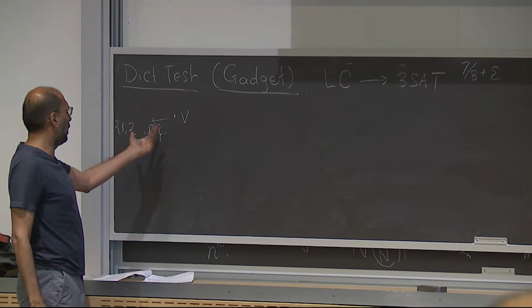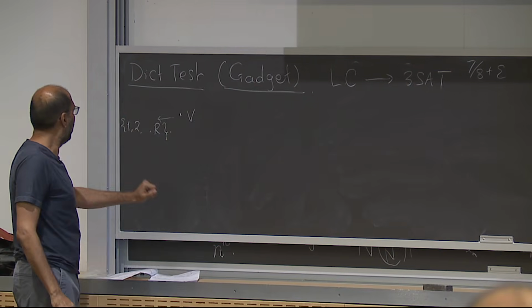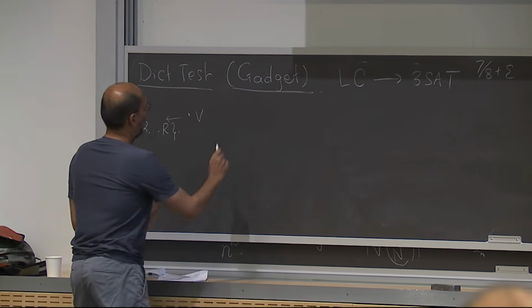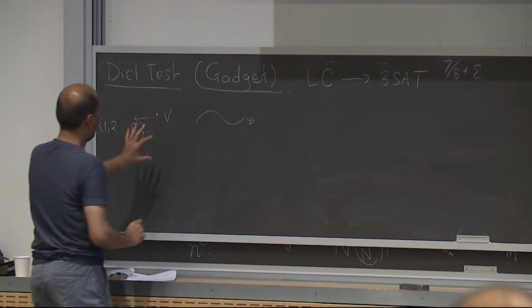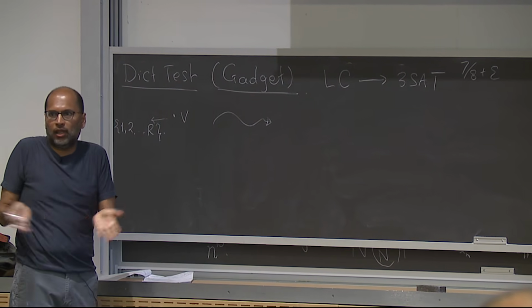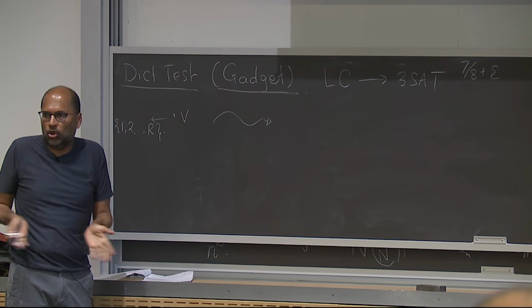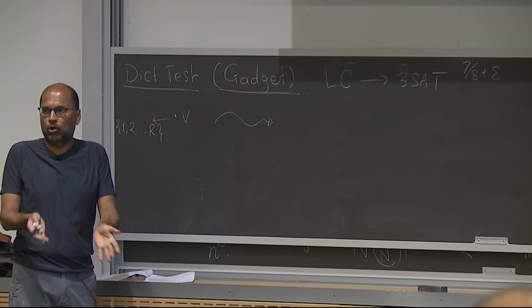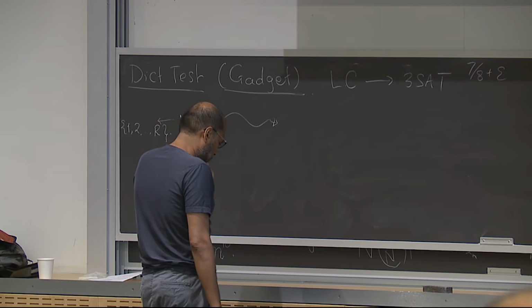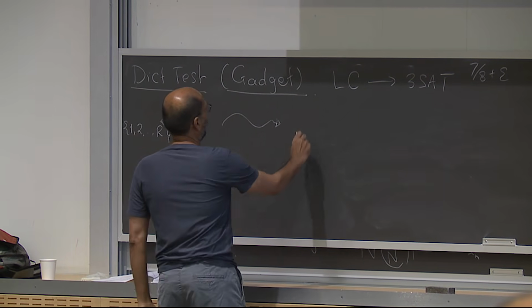So the label cover is a labeling problem. So there is some vertex V which is supposed to get a label from range 1 through R. And since it's a reduction to 3-SAT, somehow this needs to be simulated using variables and clauses, right? Because that's all I have when I come to 3-SAT. So you construct variables and clauses as follows.